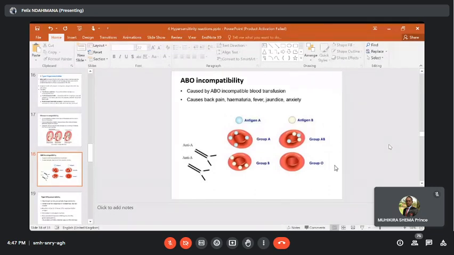The body already has antibodies against the B antigen. Then if you are given that blood, it will be coated by antibodies and complement, and the red cells that you are being given will be destroyed, and so on.